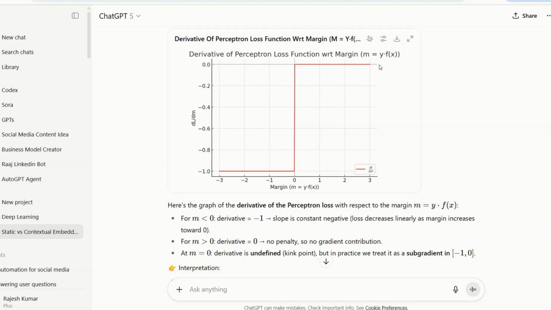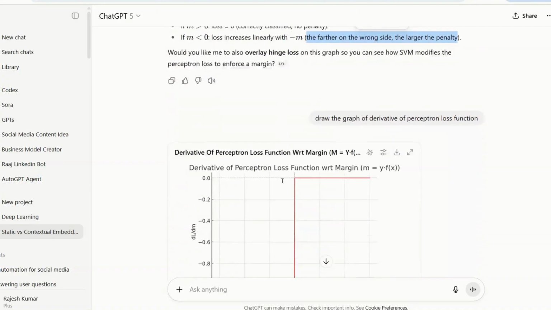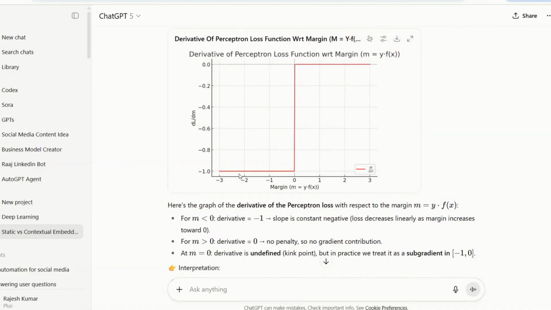Same concept. For a negative point, where y times f(x) is negative, for this area I want to draw the tangent. For all the tangents, it is coming -1. Whether at point -3, -2, or -1 you draw a tangent, it will be -1.